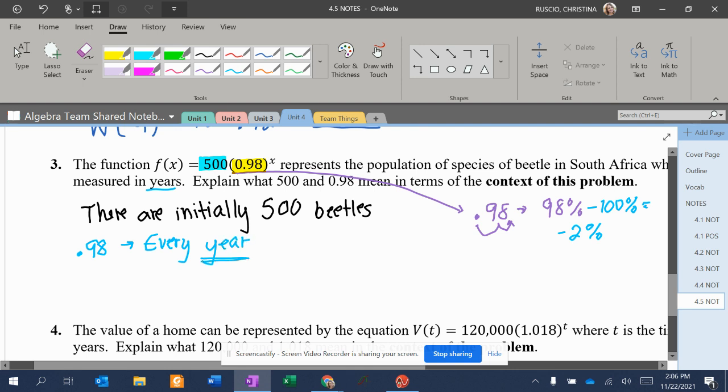And I'm going to underline that the beetle population decreases by 2%.